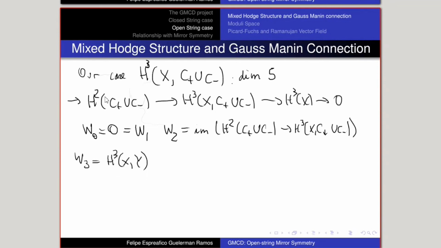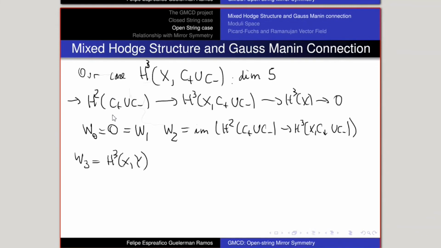So notice that W_3 over W_2 is isomorphic to H^3, so it has a weight 3 Hodge structure, and W_2 is isomorphic to this image, so it has a weight 2 Hodge structure, right? And the important part also is that this image is one dimensional.